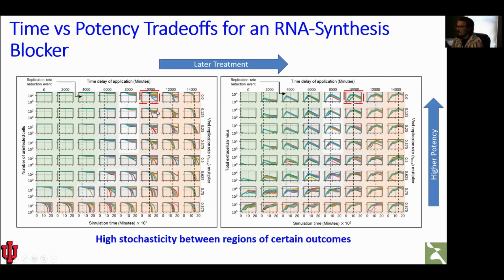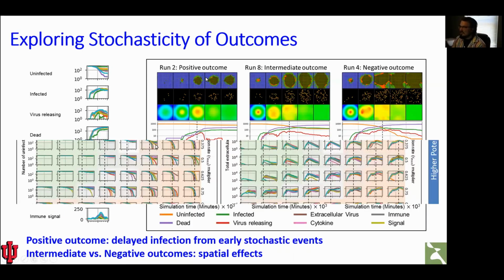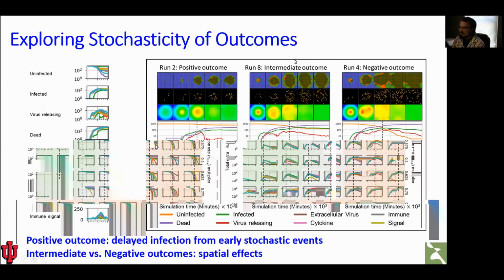Now, one of these parameter sets in particular showed some very interesting things that really demonstrates why this happens and why this is possible with the sort of modeling that we're doing here. So these are 3 different replicas of the same parameter set.